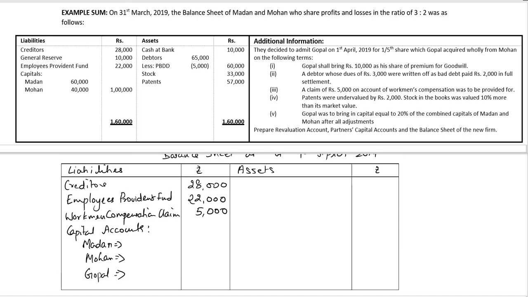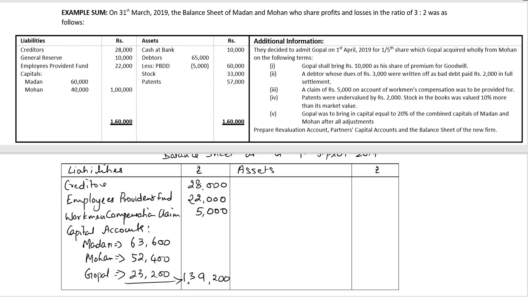For Madan, 63,600, Mohan 52,400 and Gopal 23,200. Let's get the total. 1,39,200 rupees is the total of the partners' capitals.